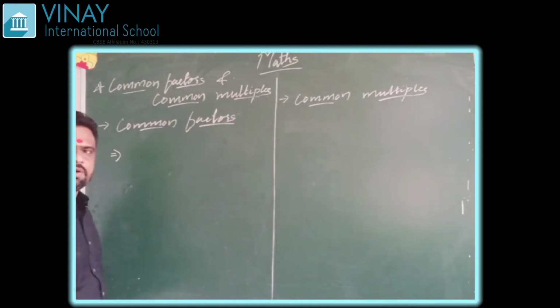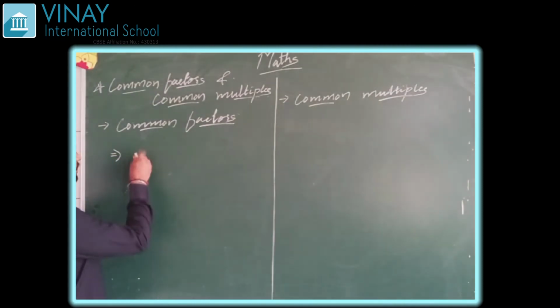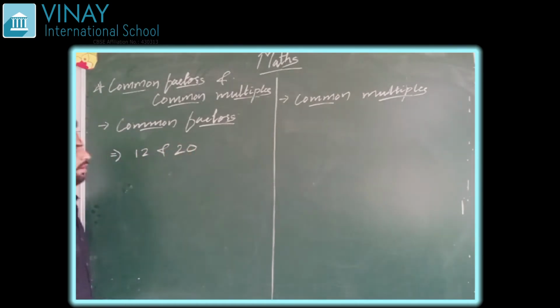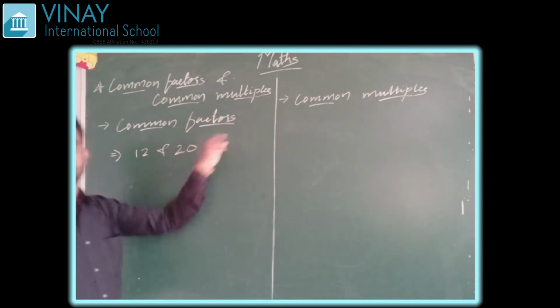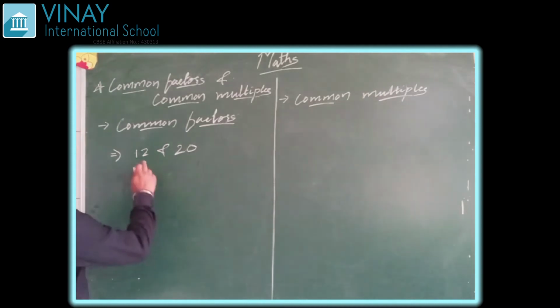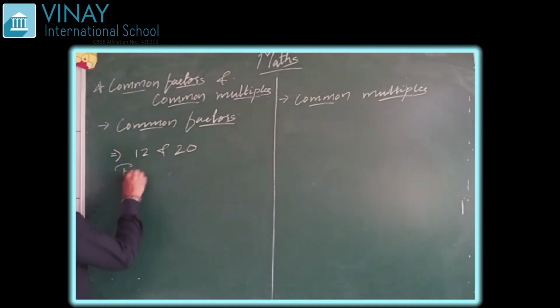Let us find out the common factors of, suppose, 12 and 20. To find out the common factors of 12 and 20, first we need to find out the factors of 12.